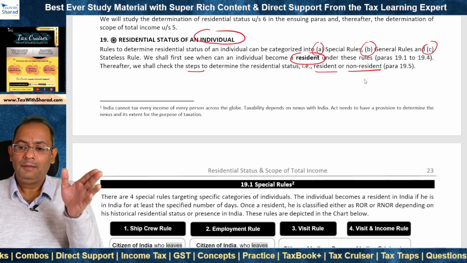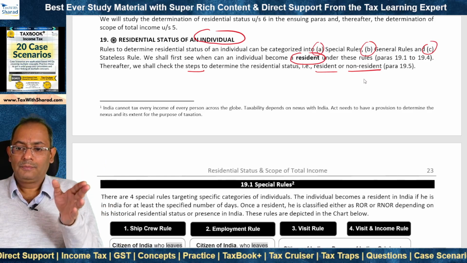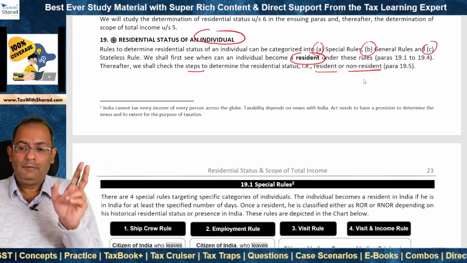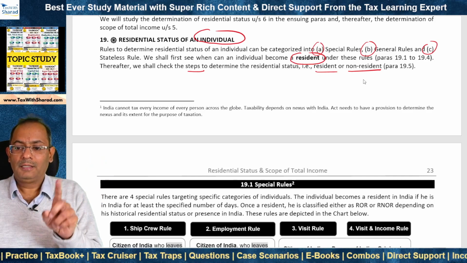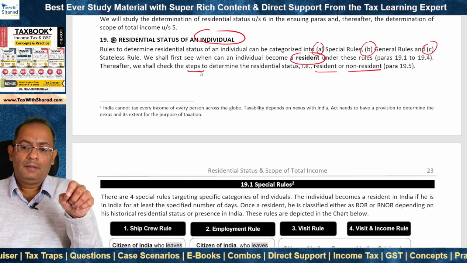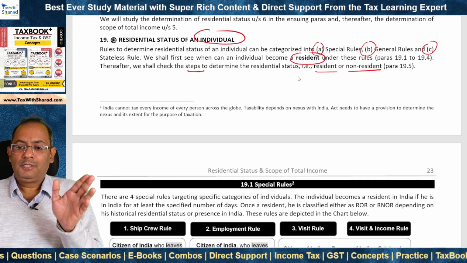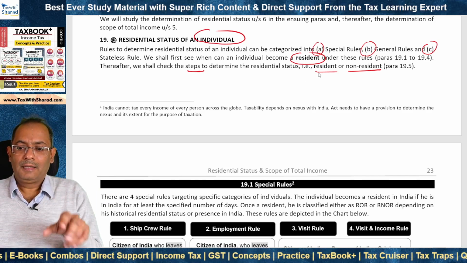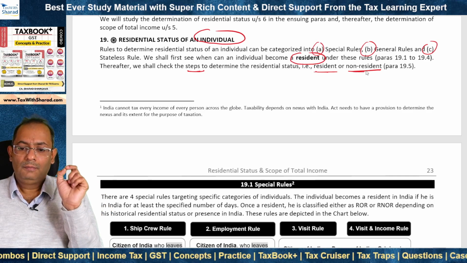So first, we will look at these rules, A, B, C, special rules, general rules, and stateless rule, and we will see whether an individual can become a resident under these rules. Finally, we will look at the steps to determine whether the residential status can finally be said to be that of a resident or a non-resident.